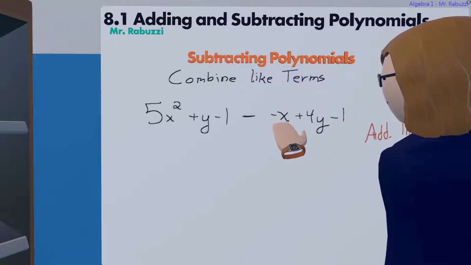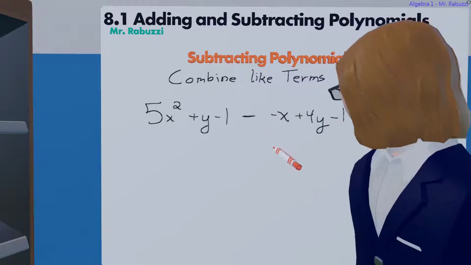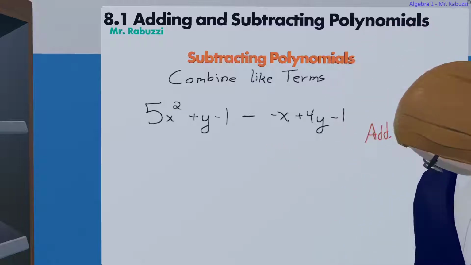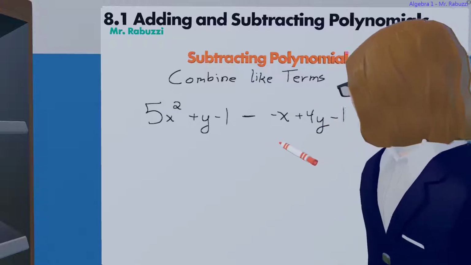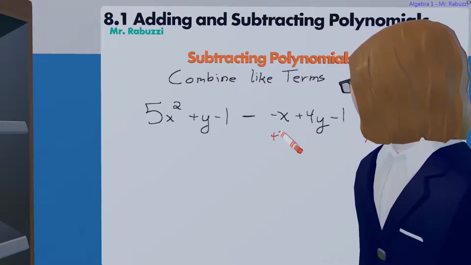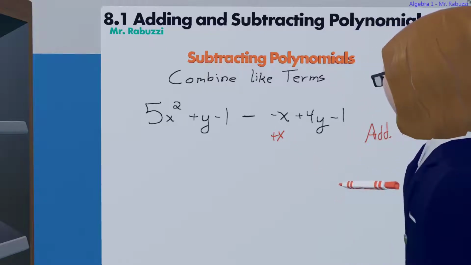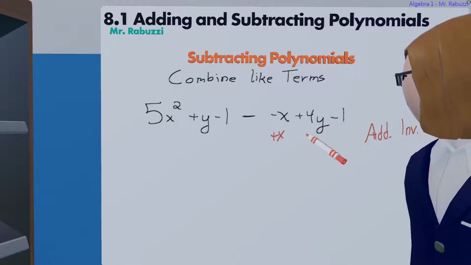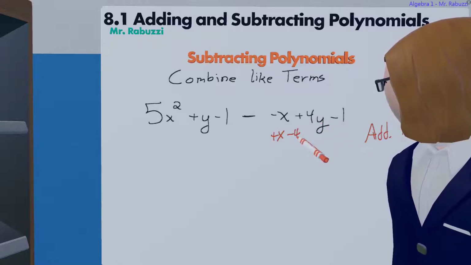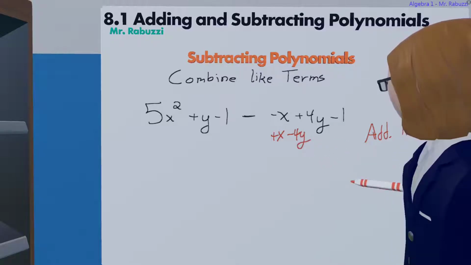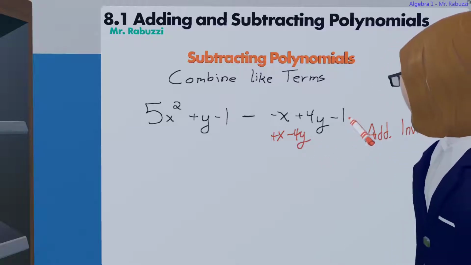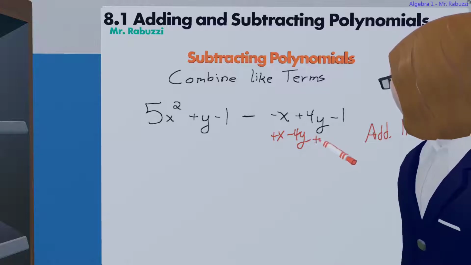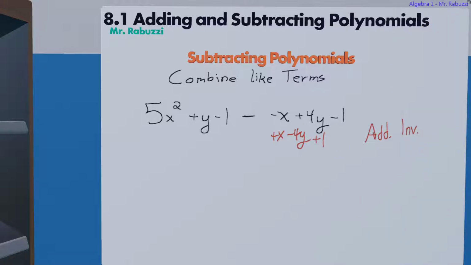The opposite of negative x is positive x. The opposite of positive 4y is negative 4y. And the opposite of negative 1 is positive 1. Okay.